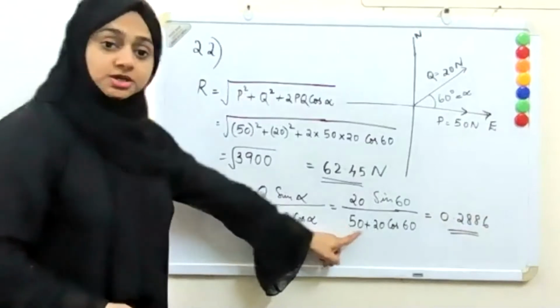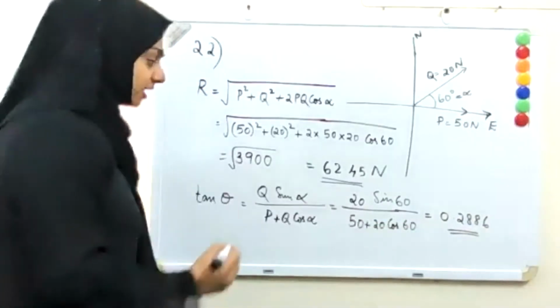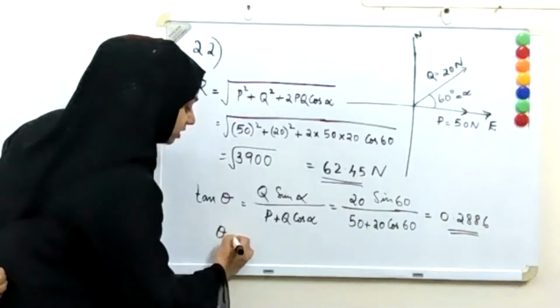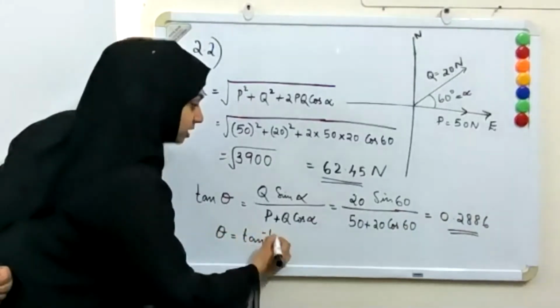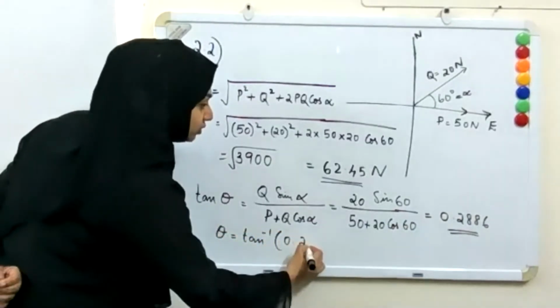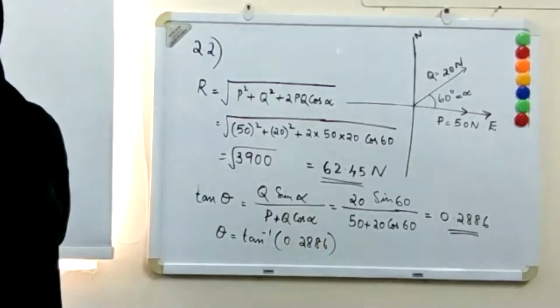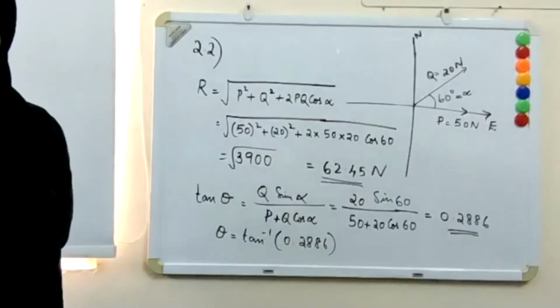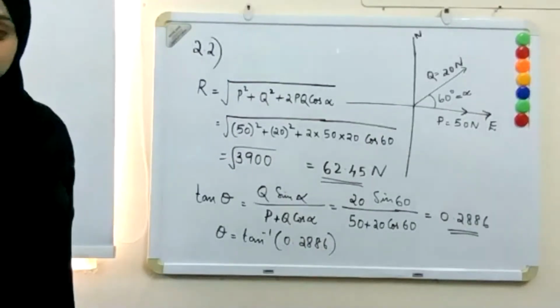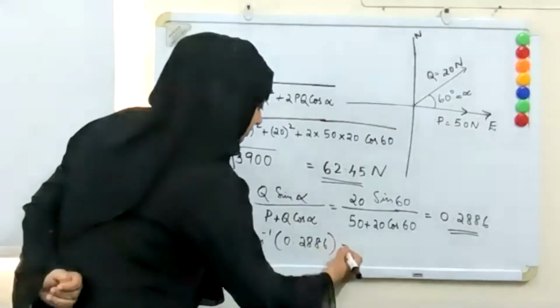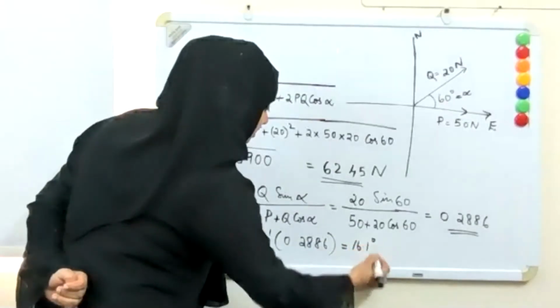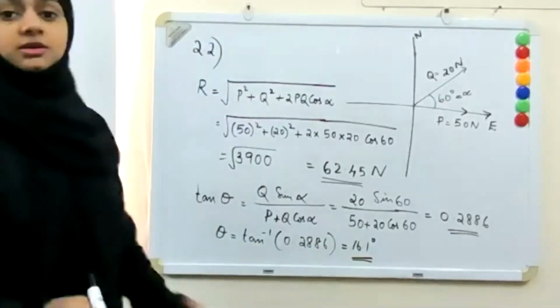If you use the calculator, this is the value you get. And then theta can be found out as tan inverse of 0.2886. What is that? Please use your calculator and find out. It is 16.1 degree or just 16 degree.